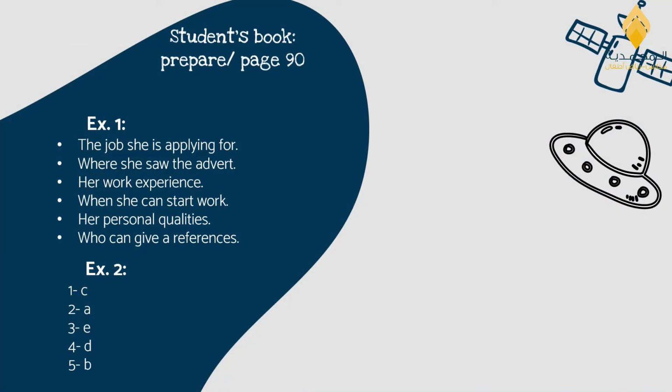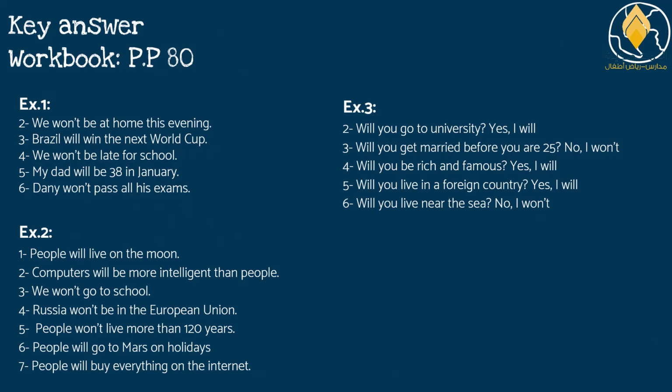Now, here is the key answer for your student book. Prepare page 90, exercise number 1, exercise number 2. The key answer for your workbook, page 90, exercise number 1, exercise number 2, and exercise number 3.